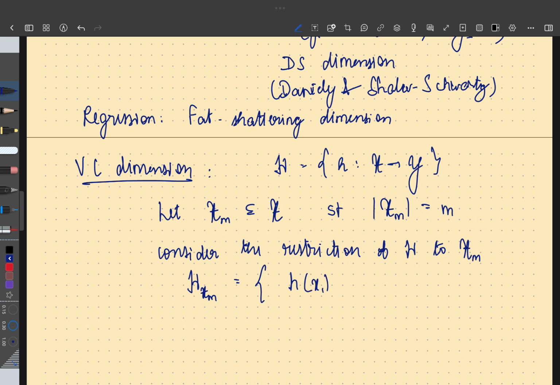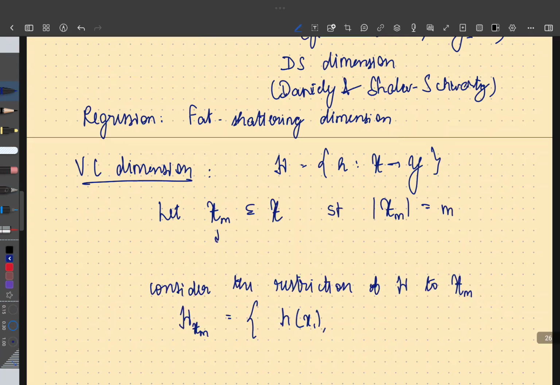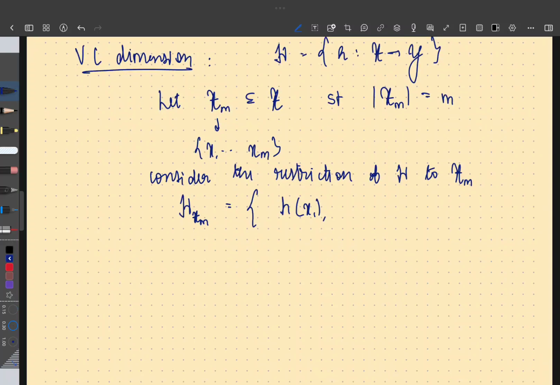So it's a collection of vectors. Let's suppose that X_m is just x1 through xm. So this is just a list of h(x1), h(x2) up to h(xm), where you vary h throughout your hypothesis class.